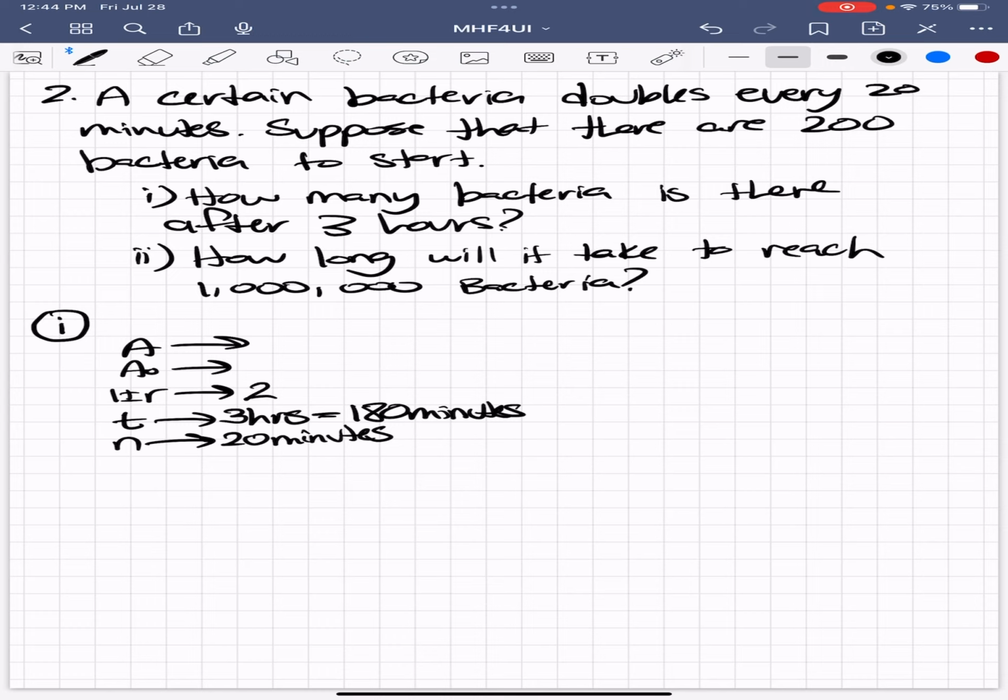It says, suppose that there are 200 bacteria to start with. So we're going to do 200 bacteria for our A naught.